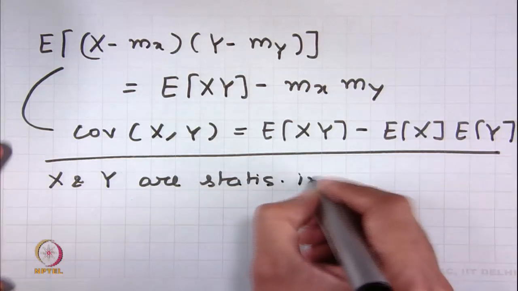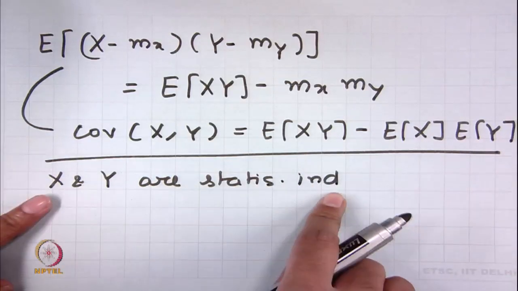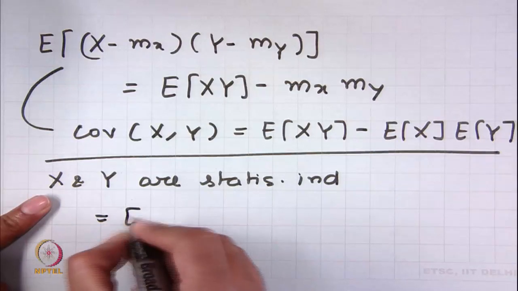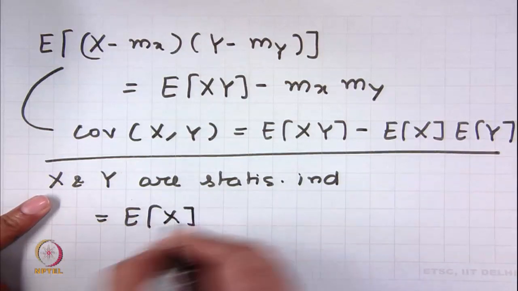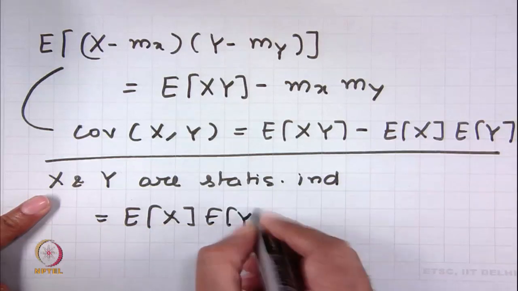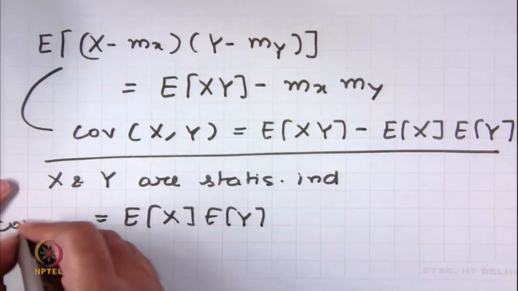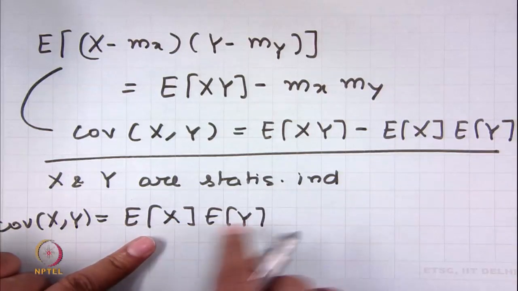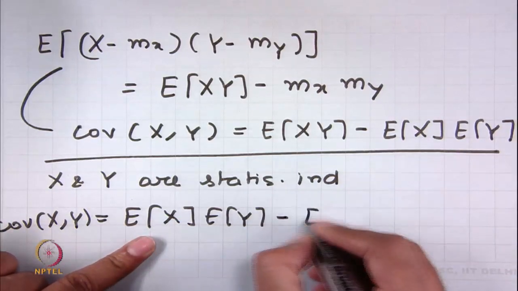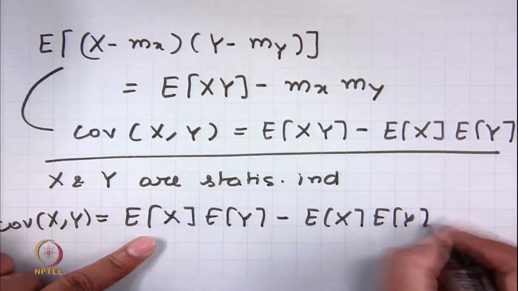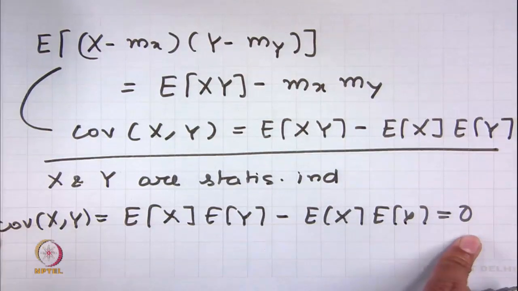Let us just do a specific case in which x and y are statistically independent. What happens to covariance? If x and y are statistically independent, then the expected value of x y we can write as the expected value of x into the expected value of y. So, covariance of x and y is the expected value of x into the expected value of y minus the expected value of x into the expected value of y. So, the covariance becomes 0, right.